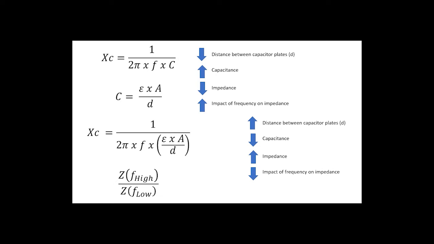So in other words, if you have unlimited distance between capacitor plates, as you have before you enter the file into the canal, then changing the frequency of your apex locator should have no effect at all on the impedance, and therefore create a ratio, an impedance ratio, of as close to 1 as possible. Also important to note is that higher frequencies result in lower impedance. So typically the impedance ratio is going to be 1 or below.